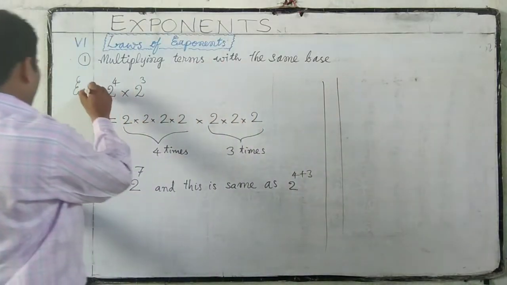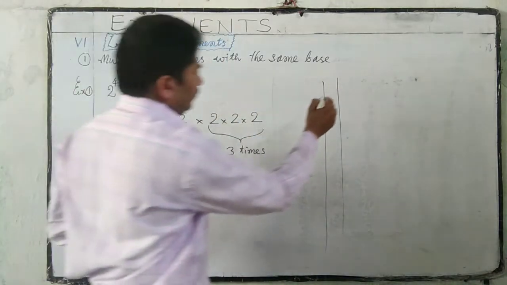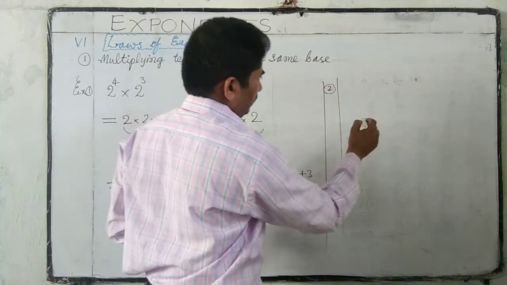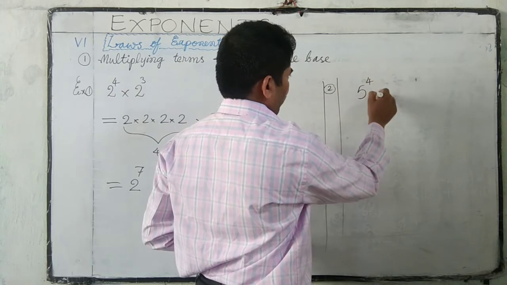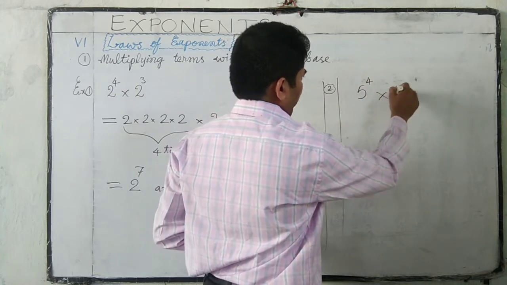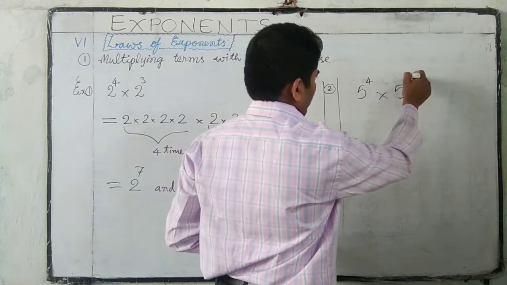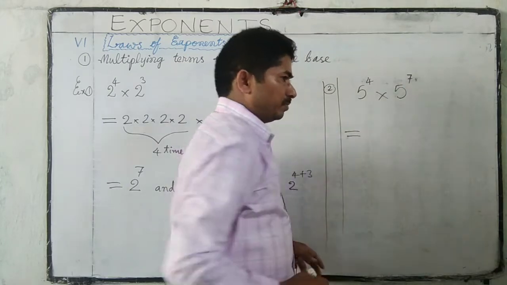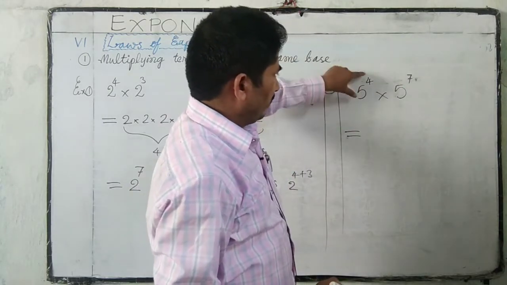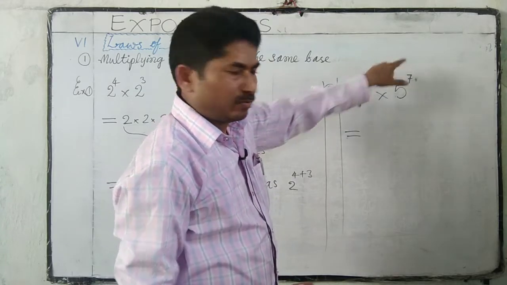This is example 1. Example 2: 5 to the power of 4 into 5 to the power of 7.